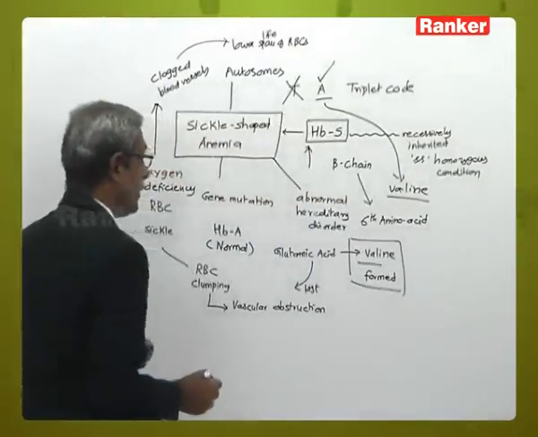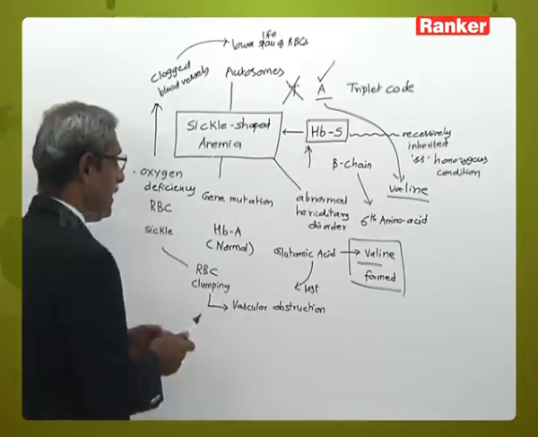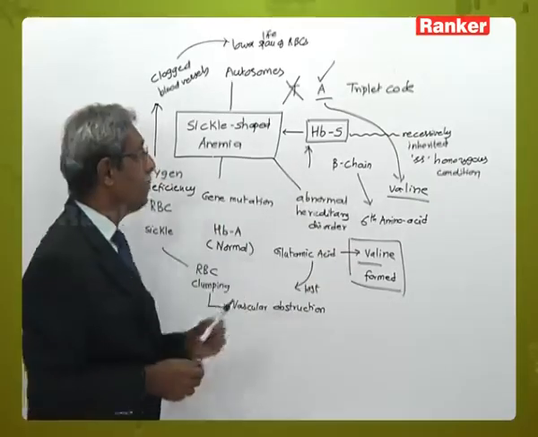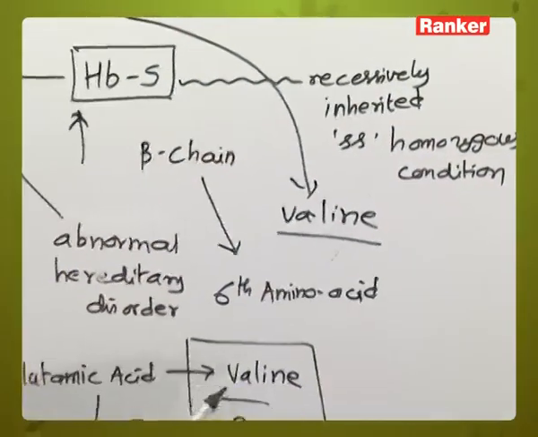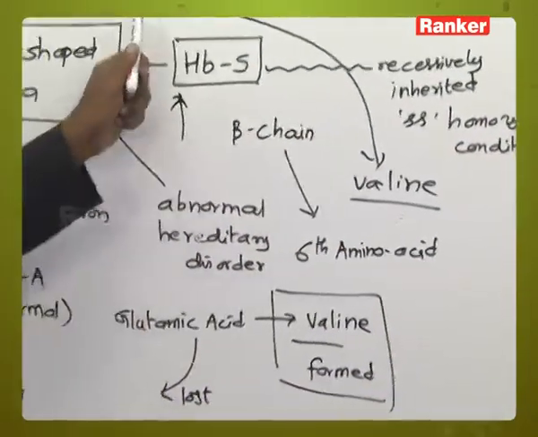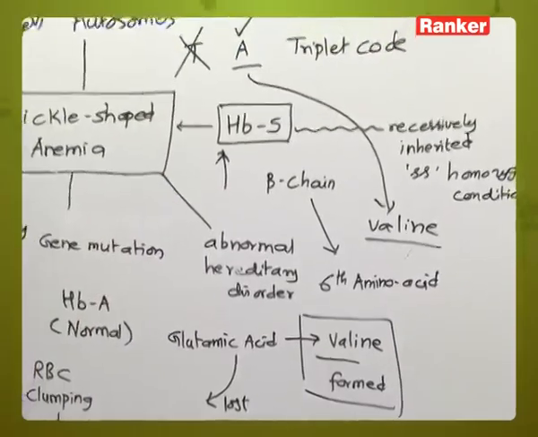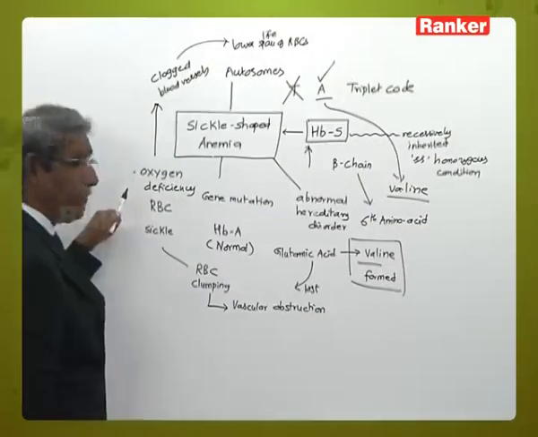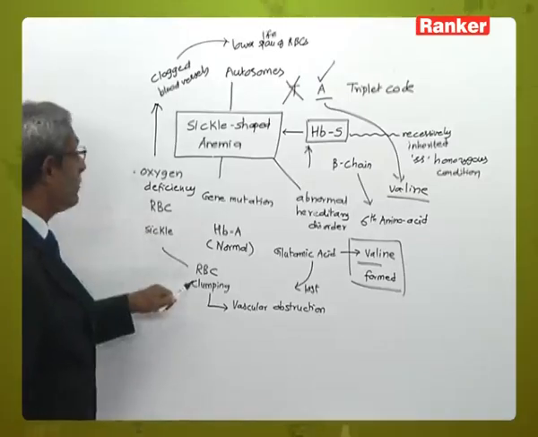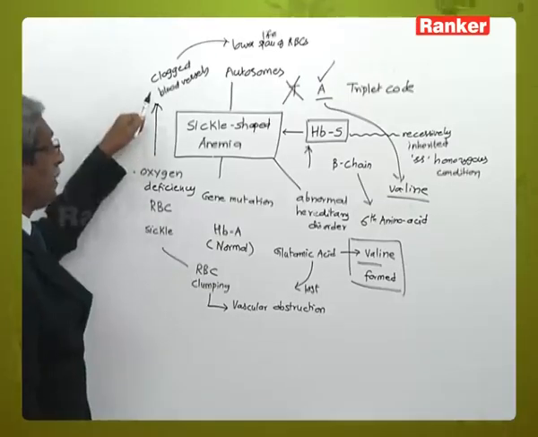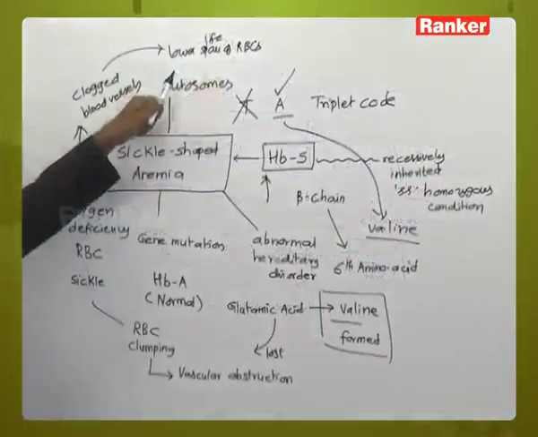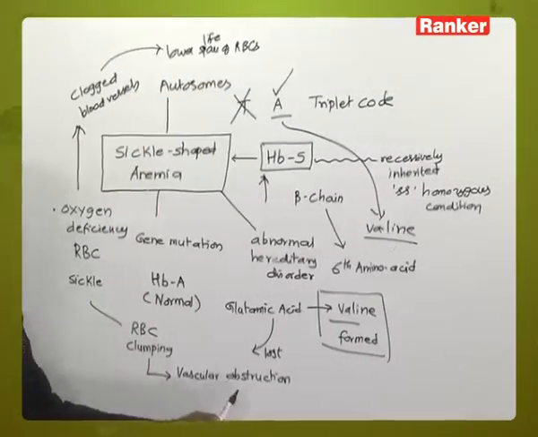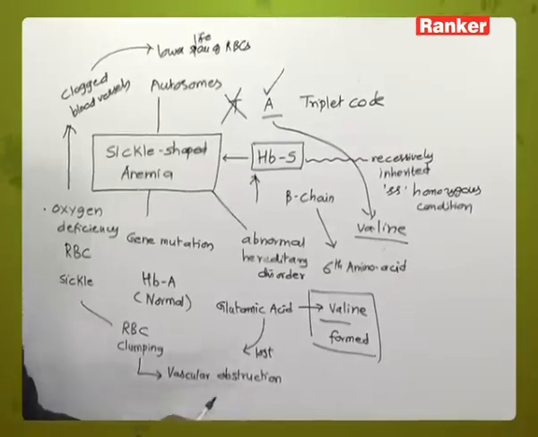So the condition of inheritance is recessive and it is in the beta chain with relation to the 6th amino acid. Glutamic acid is replaced by valine. There is a substitution, thymine is lost and adenine is gained, and primarily sickle-shaped anemia results in oxygen deficiency. There is clumping of the red blood corpuscles, clogging of the blood vessels, RBC lifespan is reduced, resulting in vascular obstruction, and predominantly this results in lowered metabolism.